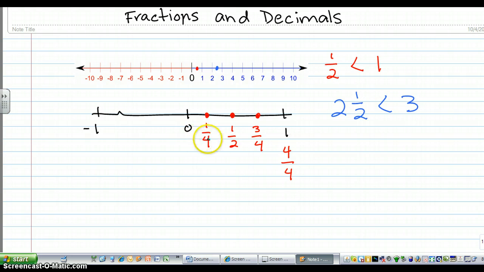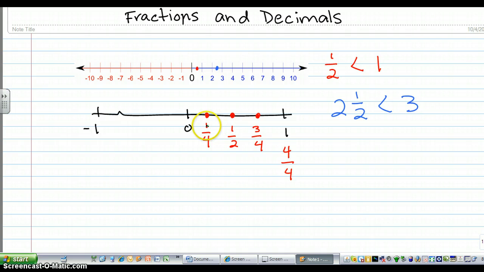Now each of these fractions has a decimal that correlates to it, which means we can turn these fractions into decimals. Now it's the same way we did that when we checked our scores on our quiz. So if you don't have a calculator, go ahead and pause right now and get your calculator. Okay, let's take the 1/4.